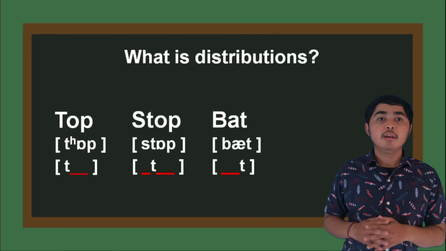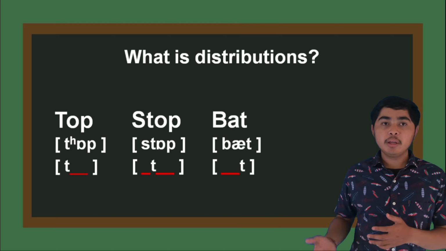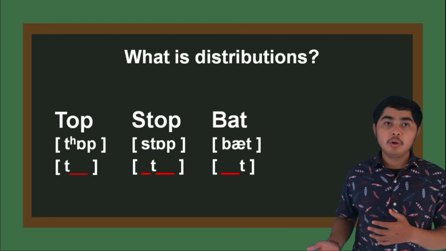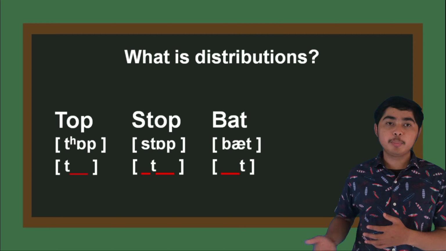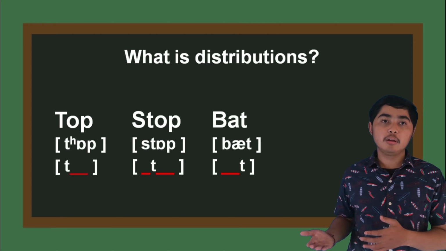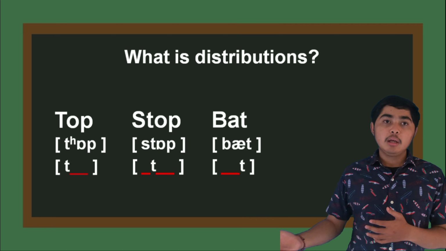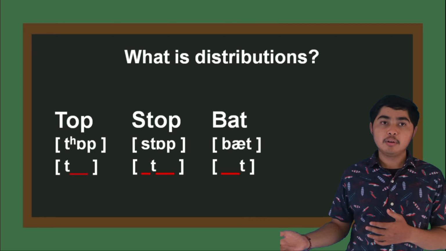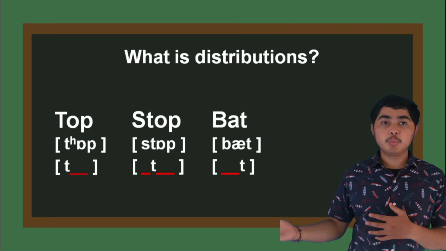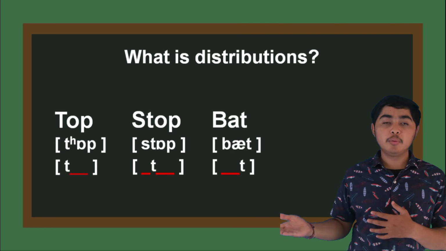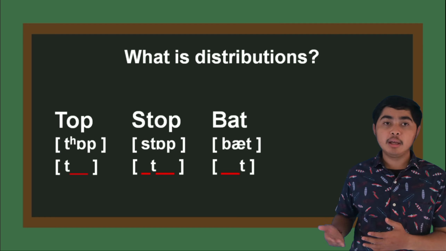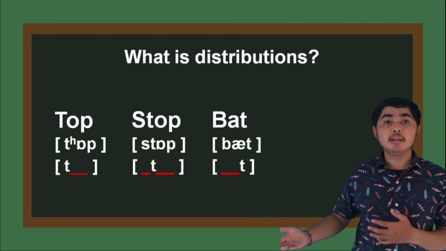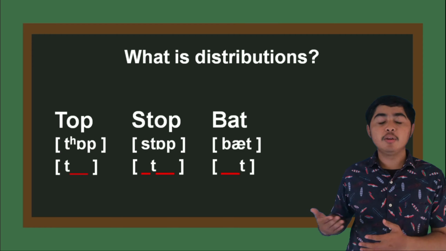Okay. Please pay attention to the lowest row, where the t is aspirated in word initial position, and then stays t in the middle of a word and in word final position.